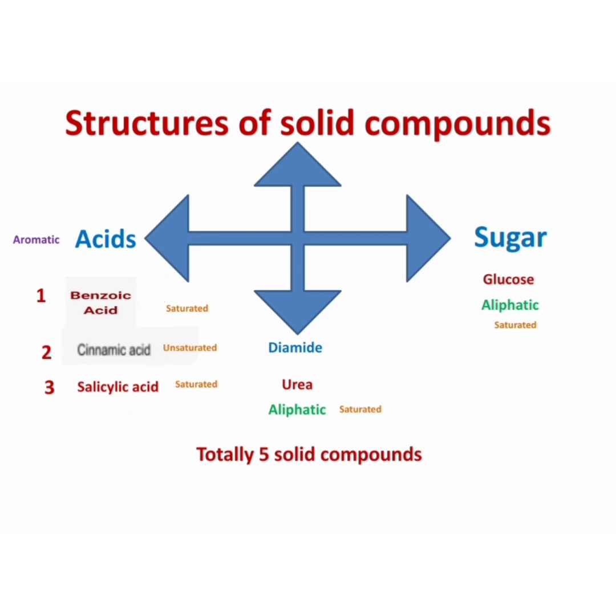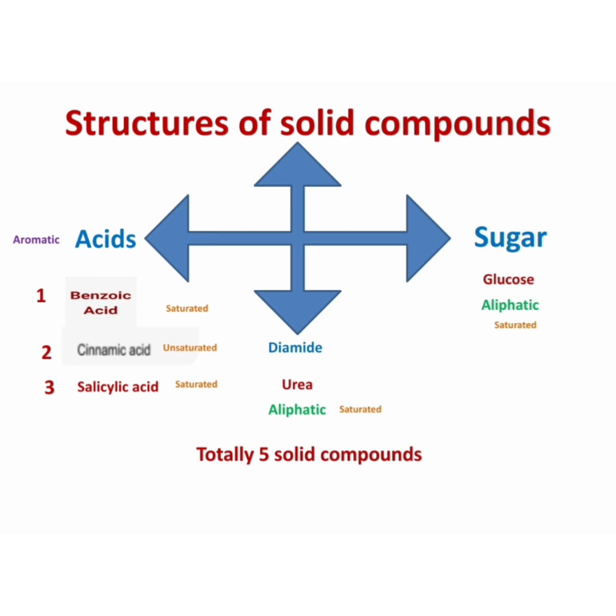Of these, the functional group is COOH. Benzoic and salicylic acids are saturated acids because they don't contain an alkene type of double bond. Cinnamic acid has an alkene type of double bond, so it is unsaturated. So just remember the functional group acid as COOH, and examples of acids may be benzoic acid, salicylic acid and cinnamic acid.